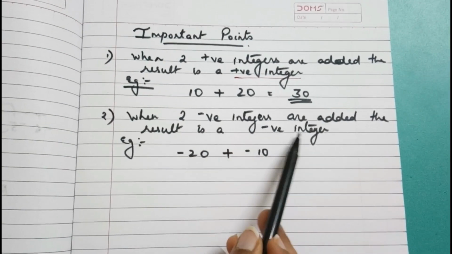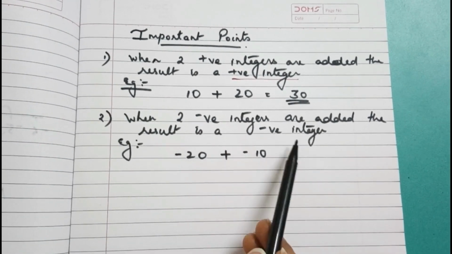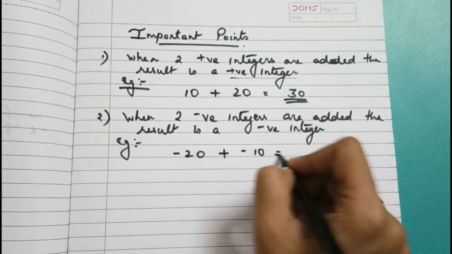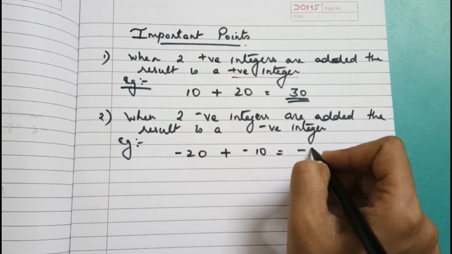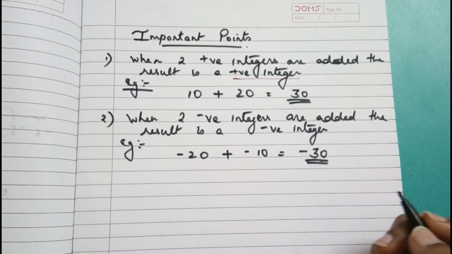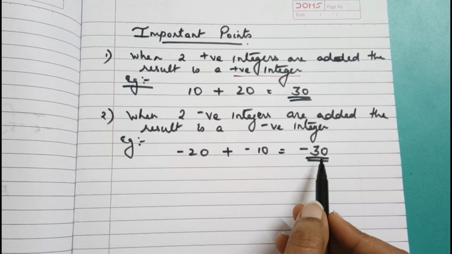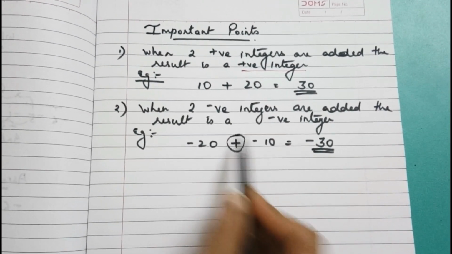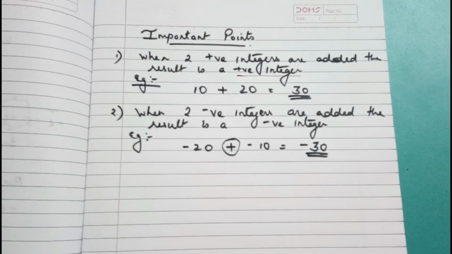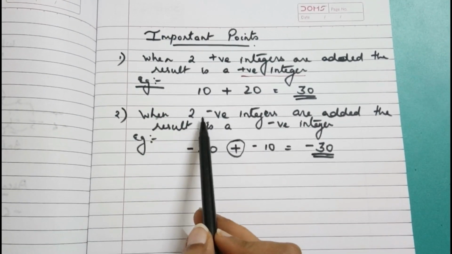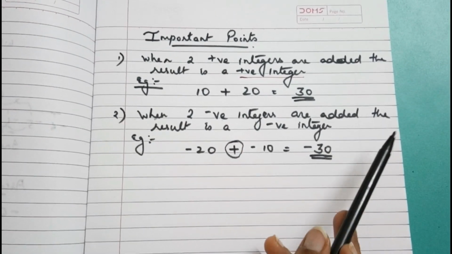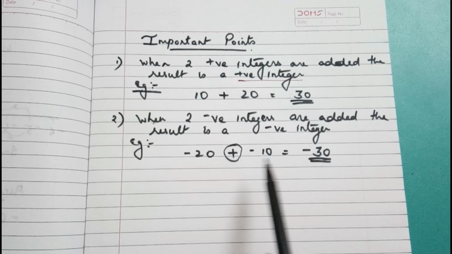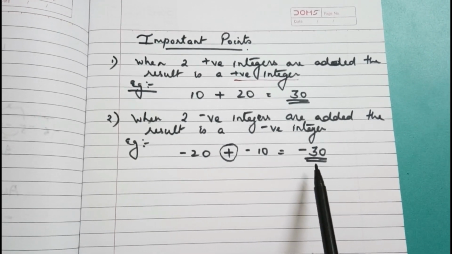When two negative integers are added, the result is a negative integer. So since there are two negative integers which we are adding, the ultimate result will be minus 30. Why is it 30 and why not minus 10? Because the sign given here is an addition sign and not a subtraction sign. So that is why it is said, when two negative integers are added, the result is a negative integer. That is, minus 20 plus minus 10 equals minus 30.